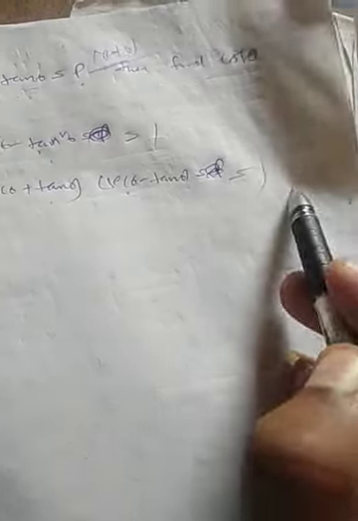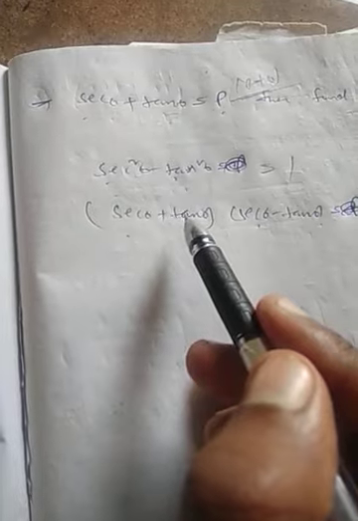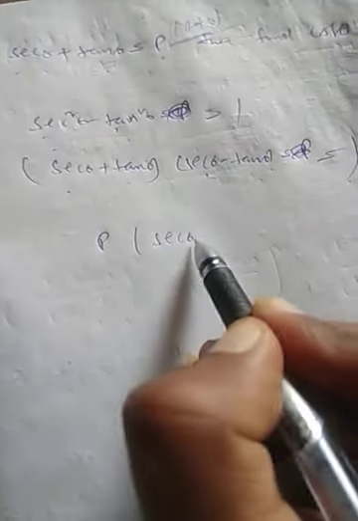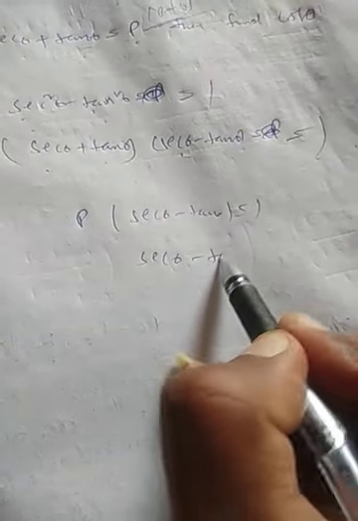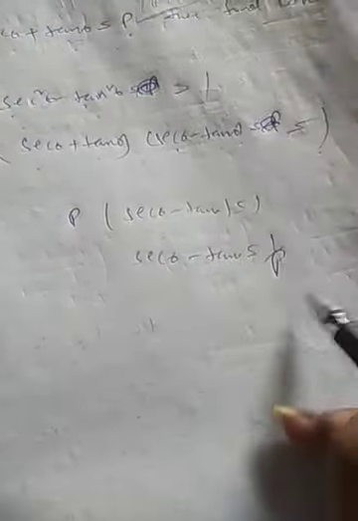I have taken a square minus b square, that is 1. So a plus b into a minus b is 1. What is the value of a plus b here? P. So p into sec theta minus tan theta is equal to 1, and sec theta minus tan theta is equal to 1 upon p. Why did I find this one? Now I can solve these two.